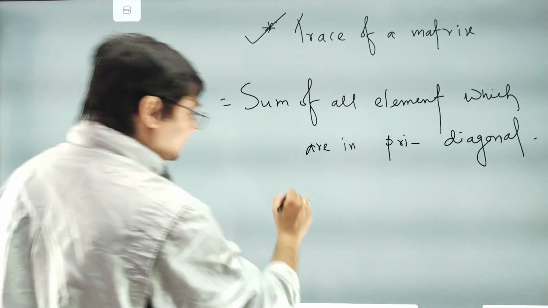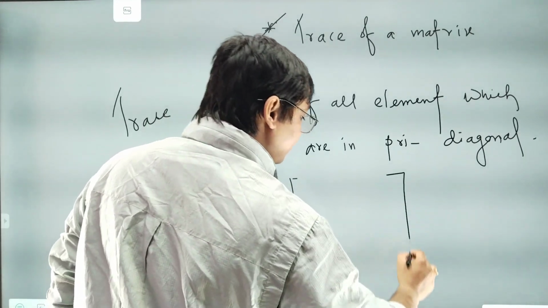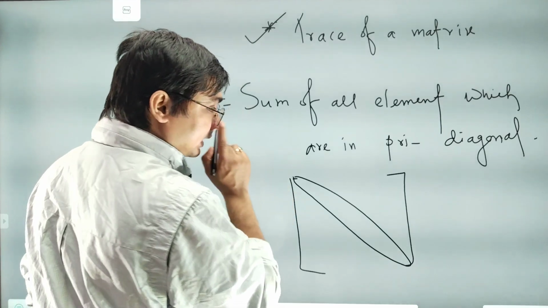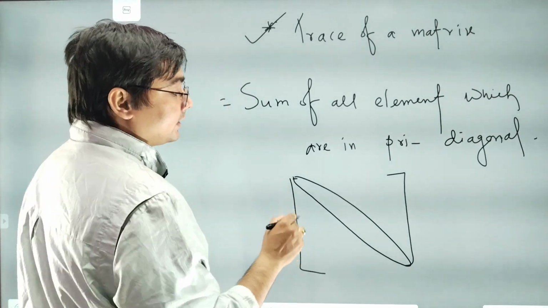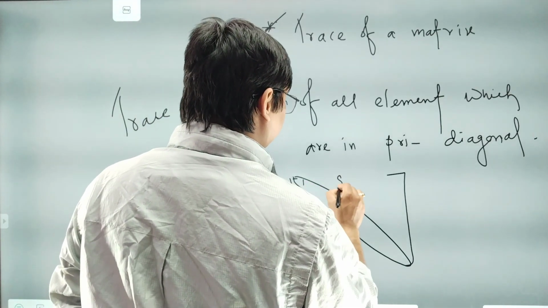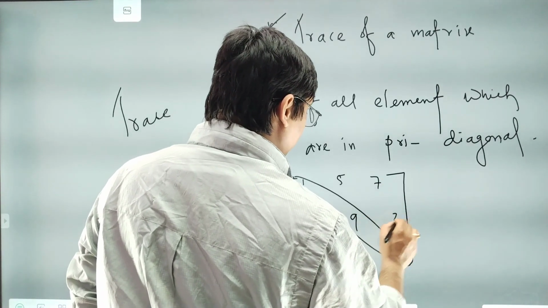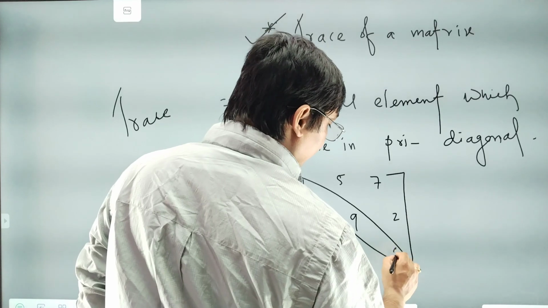So suppose we consider a matrix, and the matrix should be square. Yes, so this is our principal diagonal. Suppose here 1, 5, 7, then 3, 9, 2, and 0, 1, 5.